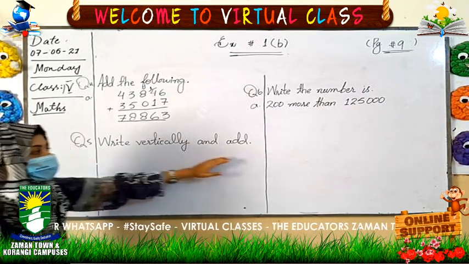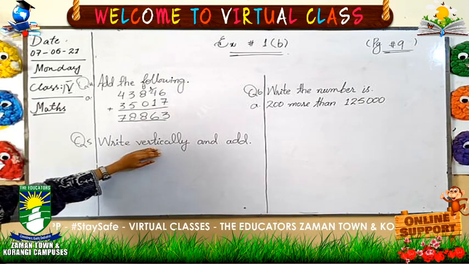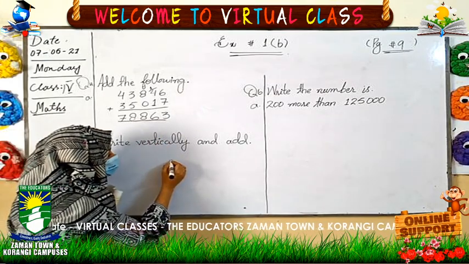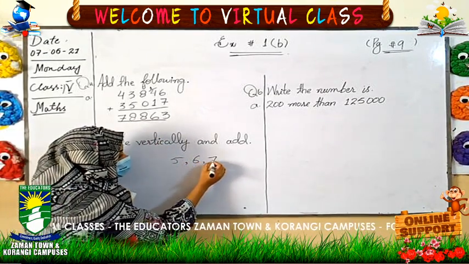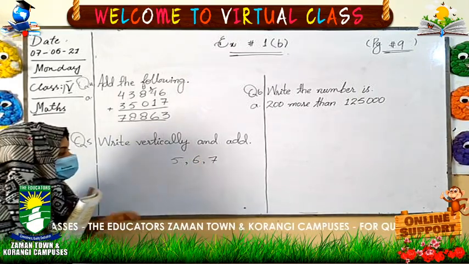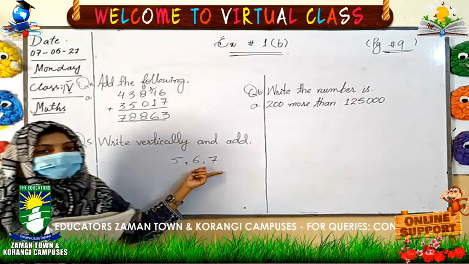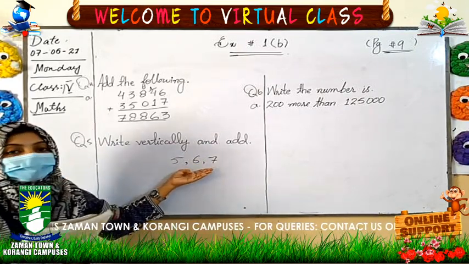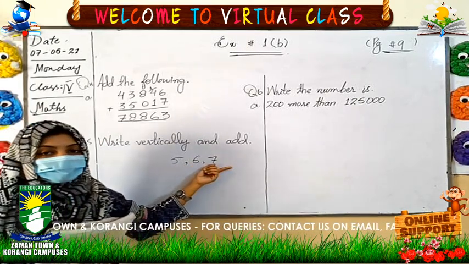Firstly, what is the meaning of vertically? Look here, if I have 3 digits, 5, 6 and 7, and I am writing these digits in this way, we call this writing these numbers horizontally.